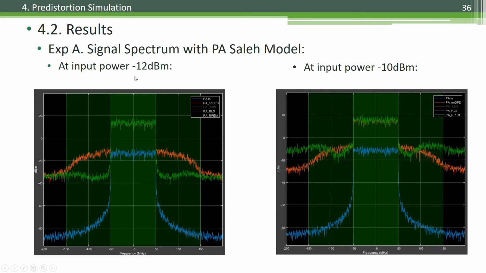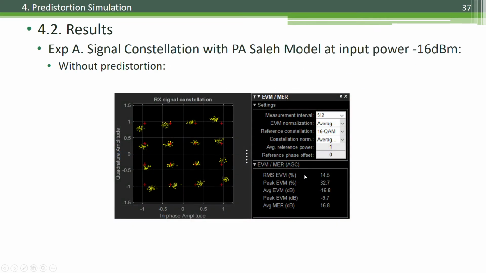And at input power of minus 12 dBm, the recursive least square no longer converges, and the recursive prediction error still works, but the performance becomes worse. At minus 10 dBm, the RPE does improve the ACLR.